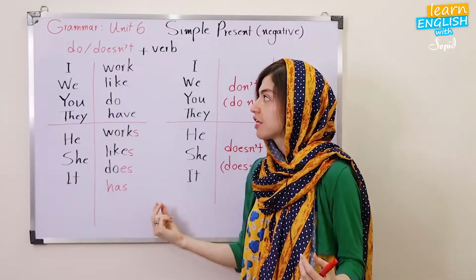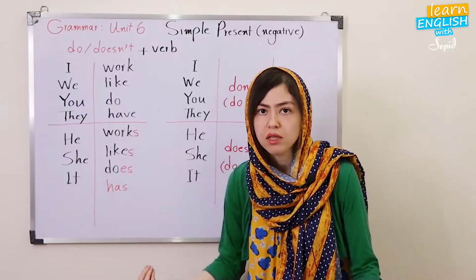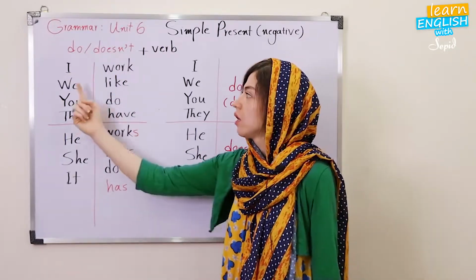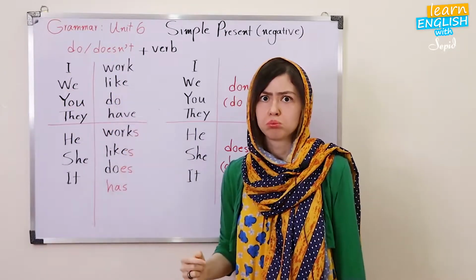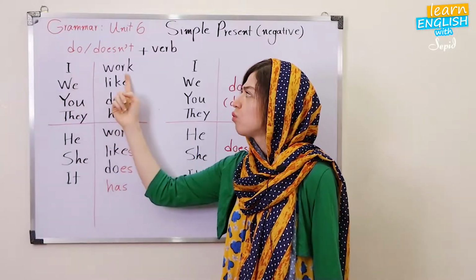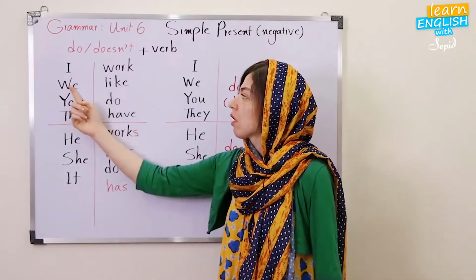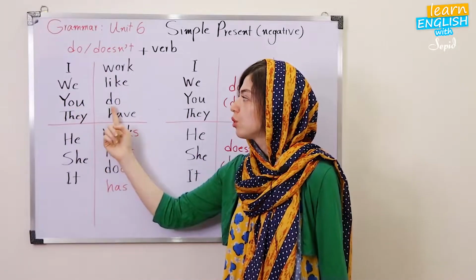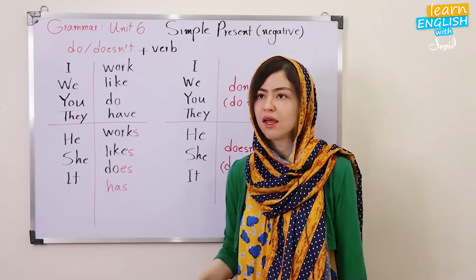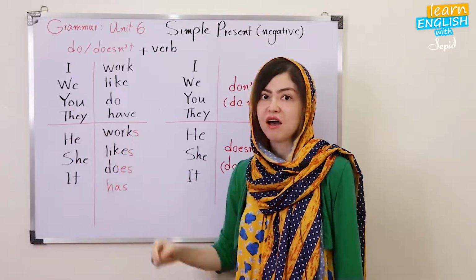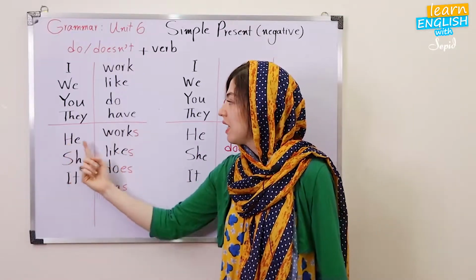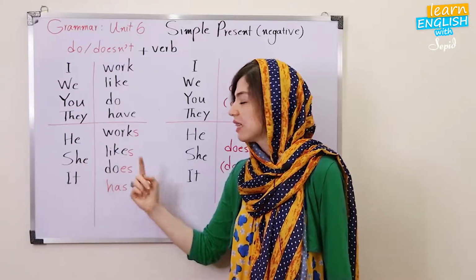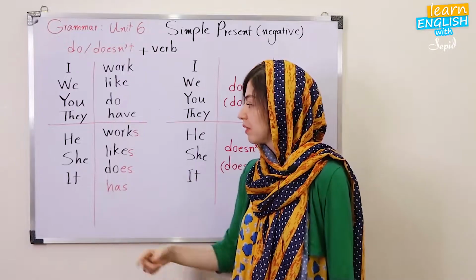So this chart shows the normal sentences like I work, we like. So, for instance, I work here. We like spaghetti. You do your homework. And they have a car. He works out. She likes pasta.